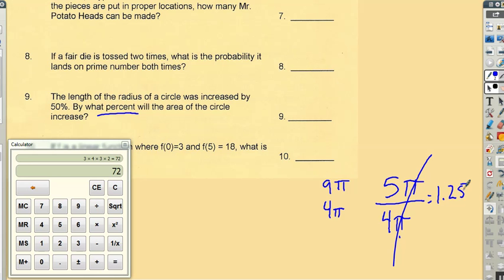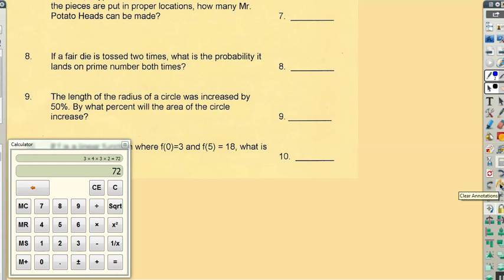Come on! Wait, what's the question again? What percent is 1.25? What is 125? And thank you for answering in the form of a question. This is Jeopardy, apparently.